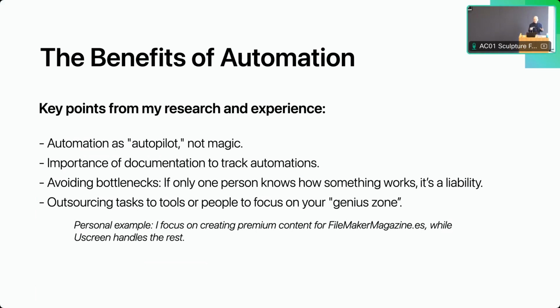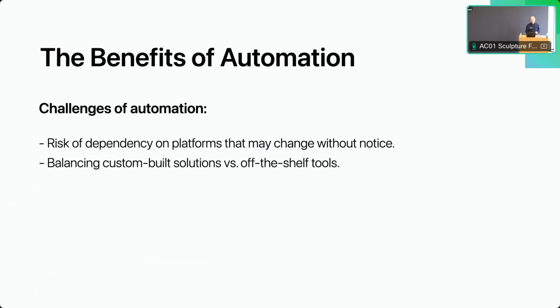I'd like to share a personal example. I make video tutorials for my website, FileMakerMagazine.es. The main point here is the video. Not the website, managing payments, or renewing subscribers' memberships. That's why I delegate all these routine tasks to a platform called Your Screens, giving me the freedom to focus on my videos.